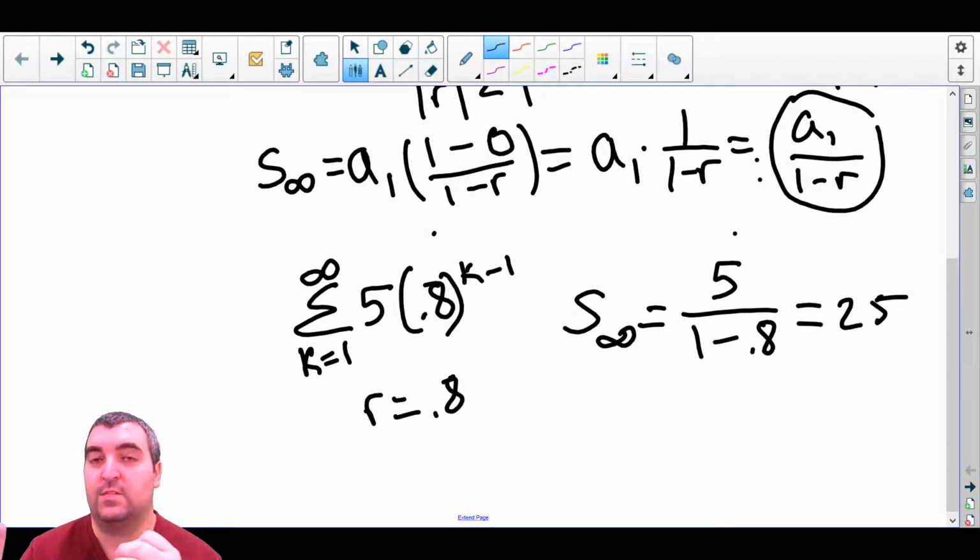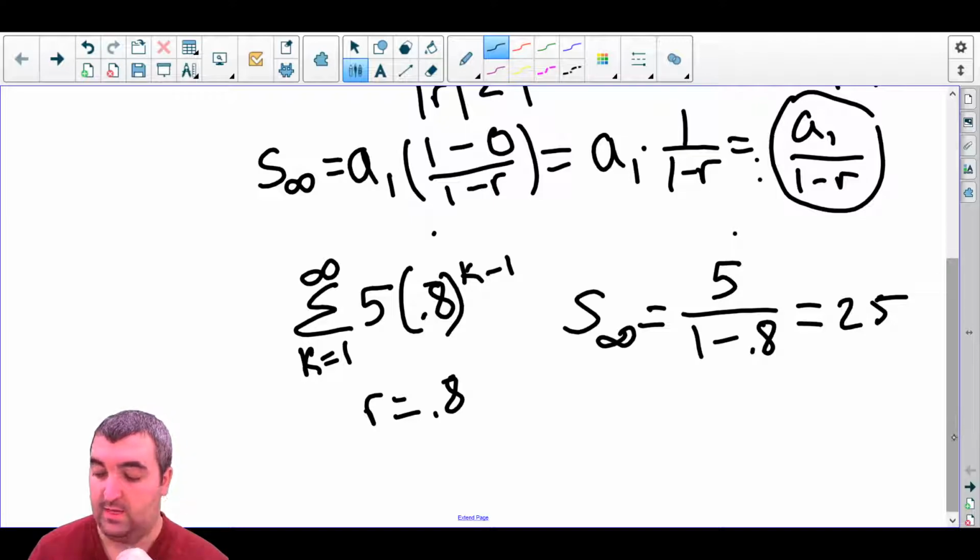You'll get to like 24.9999999, and then your next term will be like 0.000000000001, and it just keeps adding a little bit more, and you get closer and closer to 25. So as we get to infinity, which we can never reach, the sum will equal 25.